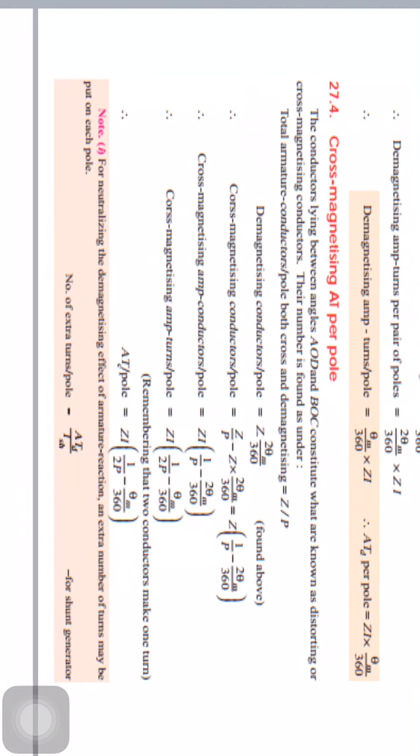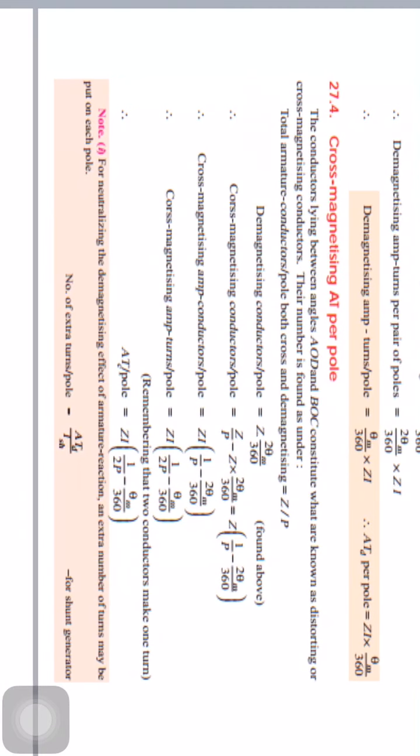And now cross magnetizing conductors per pole equal to Z by P minus Z into 2 theta m by 360. So if we take the common term Z, that is Z into 1 by P minus 2 theta m by 360.